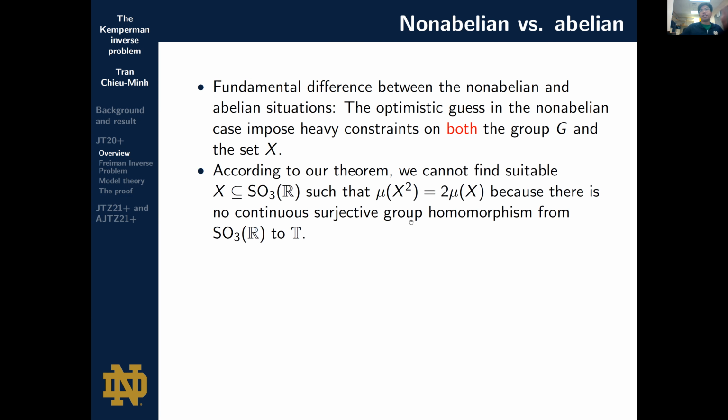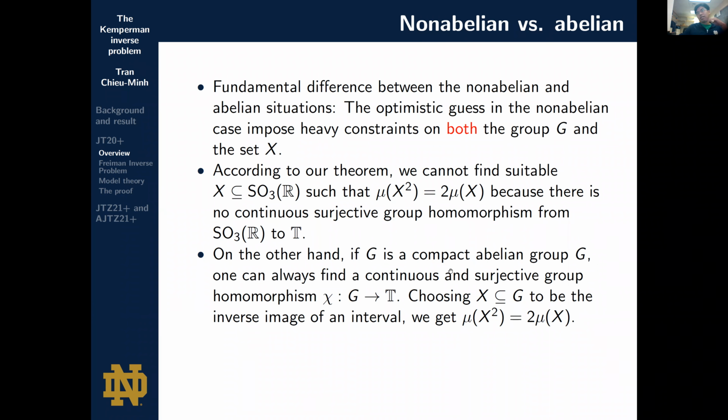For instance, according to our theorem, you would never be able to find a set with expansion 2 in SO(3,R), simply because there's no continuous surjective group morphism from SO(3,R) to T, right? And our theorem says that if the set has expansion 2, then you need to have a map to T.